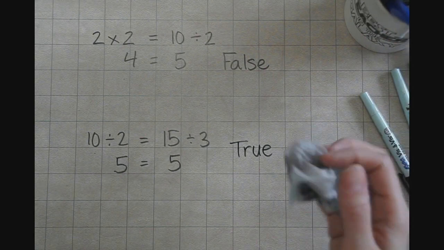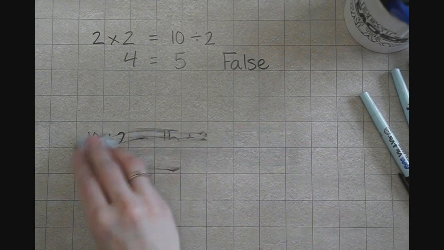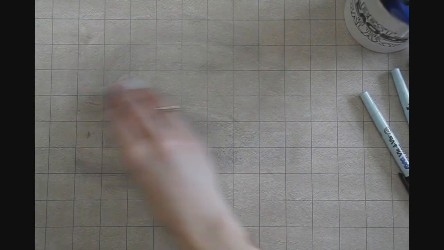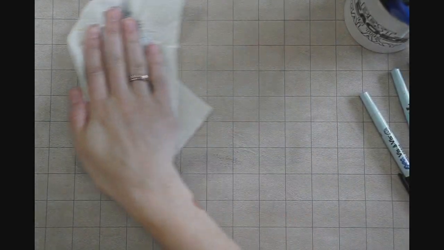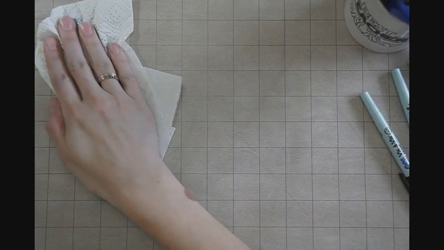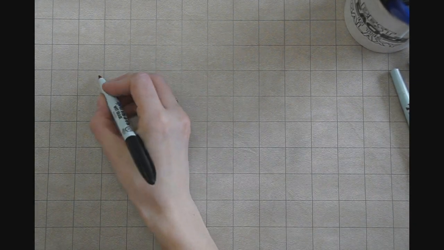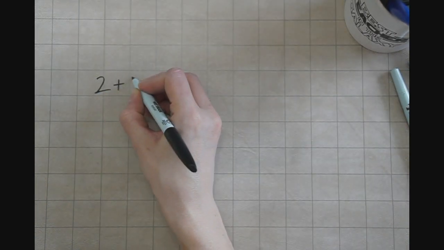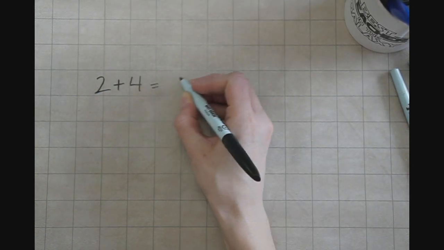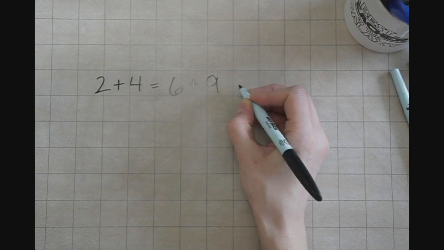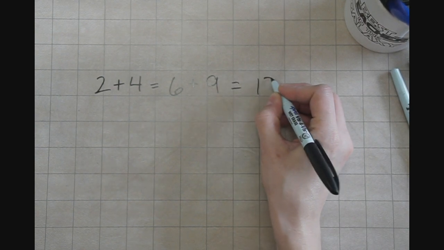So, the last one that we're going to check for true or false, for this one, we're going to get a little bit crazy. And because it's going to get a little crazy, we're going to go back to addition. So it gets crazy in one way, but calm it down in another way. Take a look at this. 2 plus 4 equals 6 plus 9 equals 15.